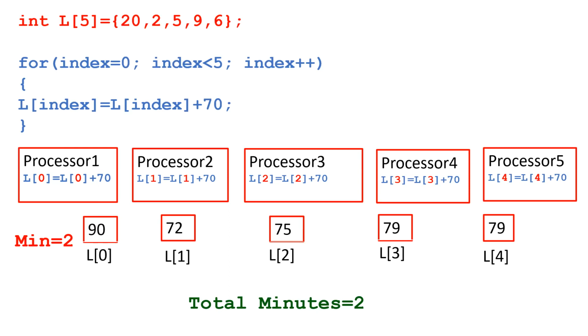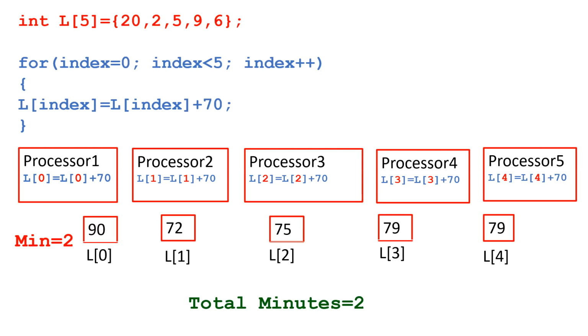So now if in our computer system we have more than one processor, then we can keep each step in a separate processor, because these are independent steps. Rather than doing it one by one sequentially using a separate 2 minutes each, we can get these steps executed parallelly through different processors.